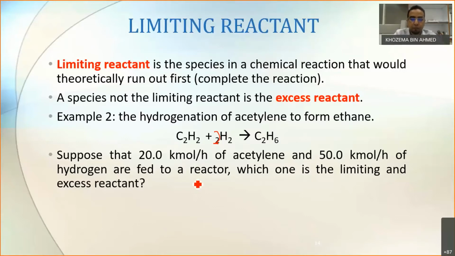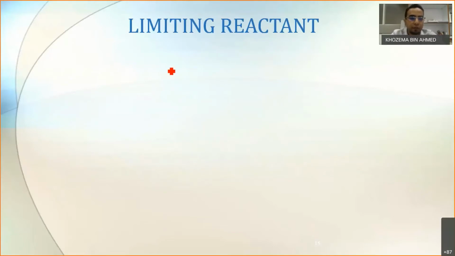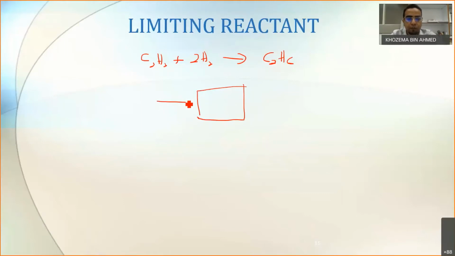So I write the equation again, C2H2 plus 2H2 gives C2H6. And if you were to draw a flow chart, we have here C2H2, which is 20 kilomole per hour, and then I add H2, which is 50 kilomole per hour.